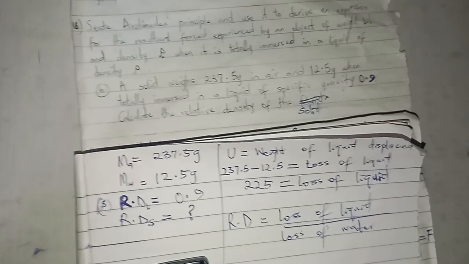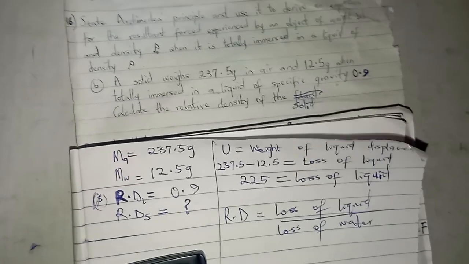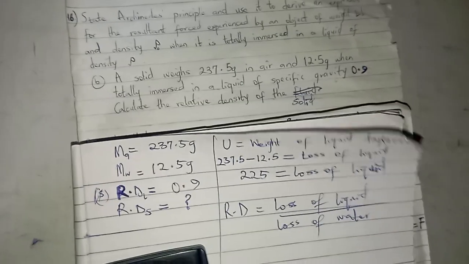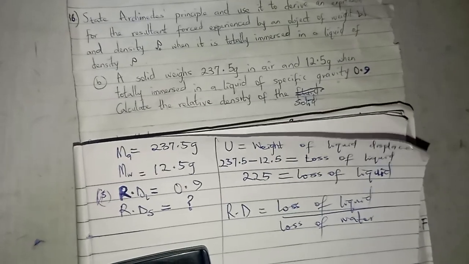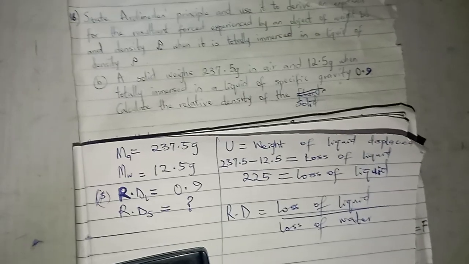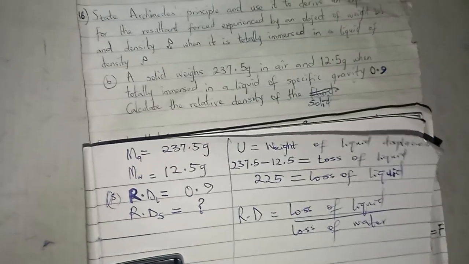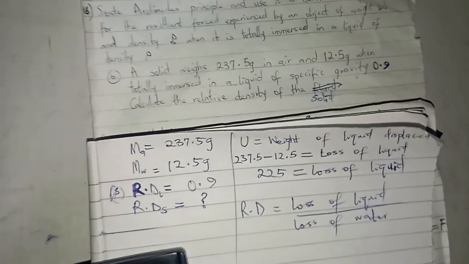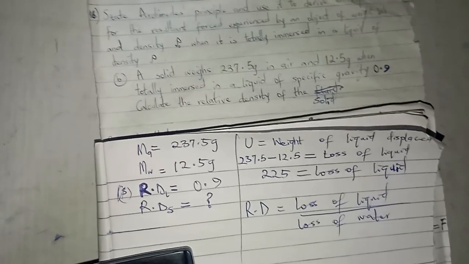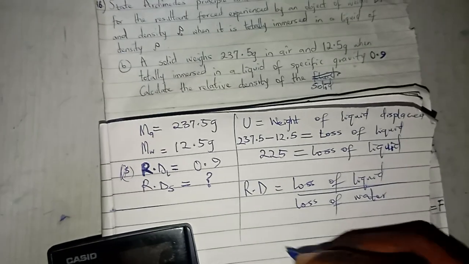It can mean weight in air over loss in water. It can mean upthrust of solid or upthrust of liquid, which is the same as loss of liquid over loss of water. It can mean density of substance or solid over density of water. It can mean so many things, mass of. So it's the reason why you have to pay key attention to the question.